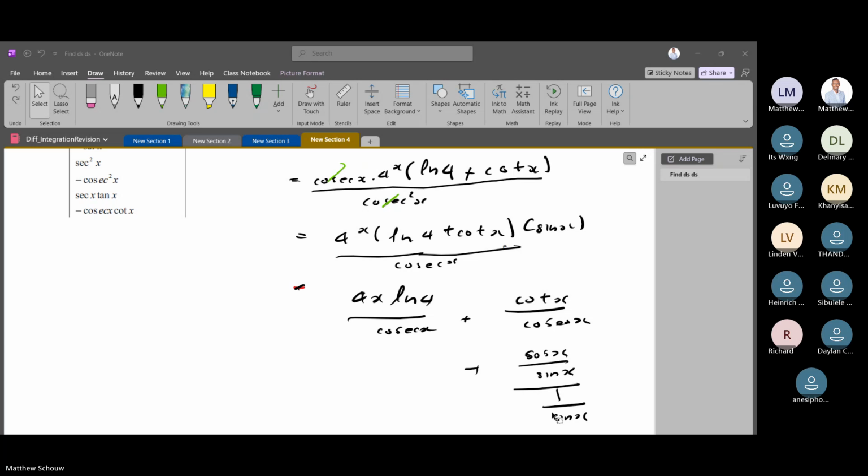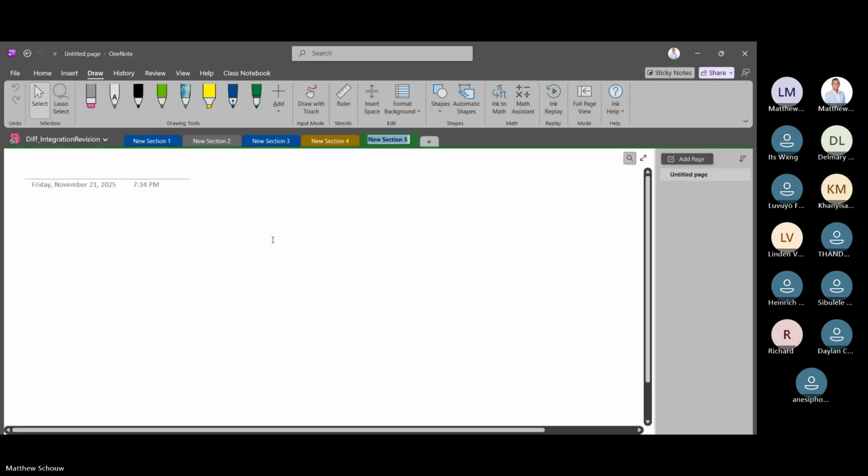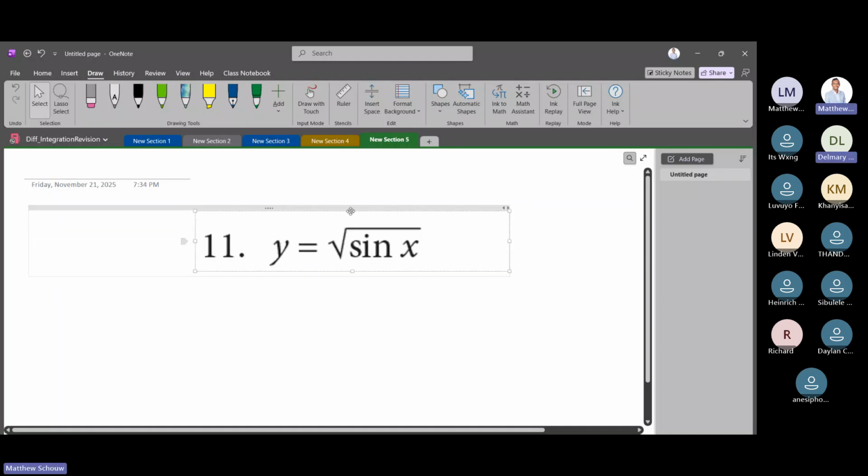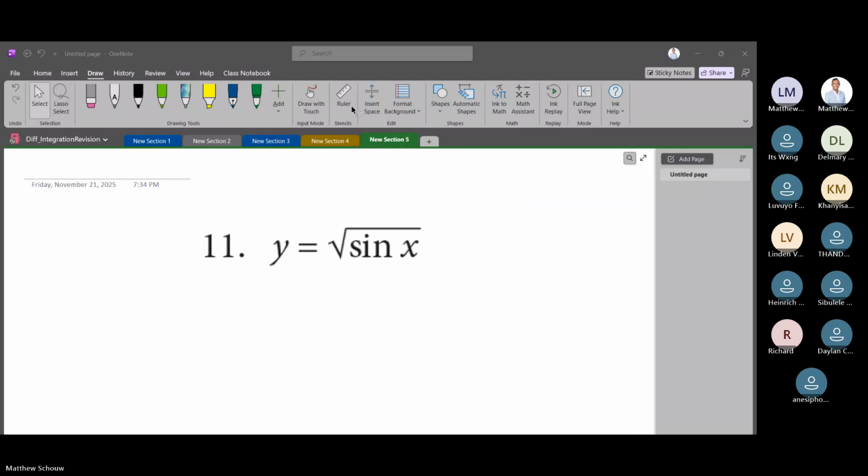If you don't know how to do it, it's fine. Find the derivative. That's the objective. You guys got it?